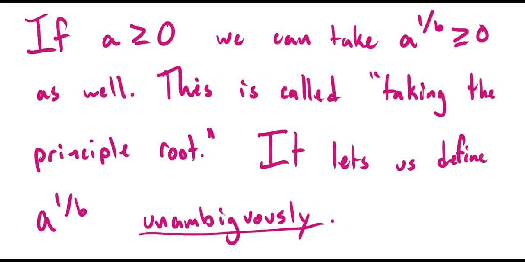To be clear, if a, the base, is greater than or equal to 0, then we will take a to the 1 over b to also be greater than or equal to 0 as well. This is called taking the principal root, and we'll talk a little bit more about that later. For now, let's just mention that it lets us define what is a to the 1 over b unambiguously, meaning without ambiguity between two values.